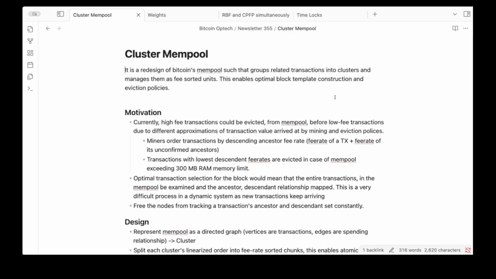Basically, cluster mempools are a redesign of mempools as we have them in Bitcoin right now.